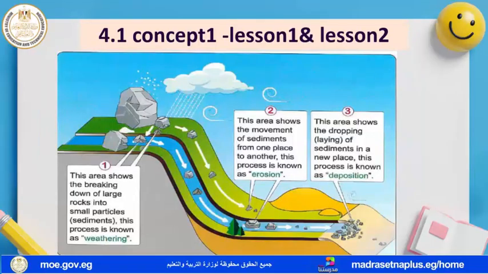We have here 4 rectangles, and we have big rocks, and these rocks are breaking down into small particles by forces. These are three forces: wind, water, and temperature. In the first rectangle, this area shows the breaking down of large rocks into small particles or sediments.